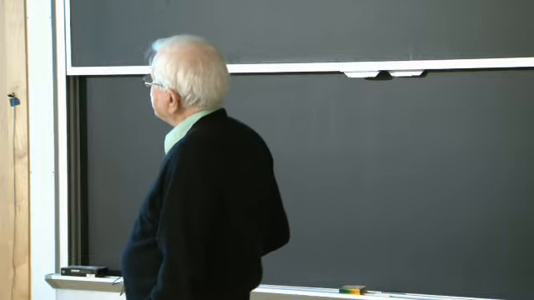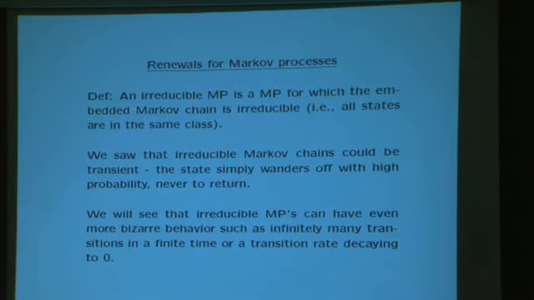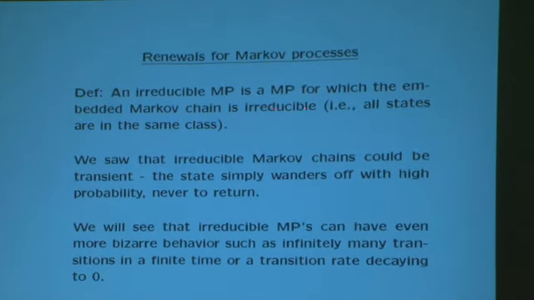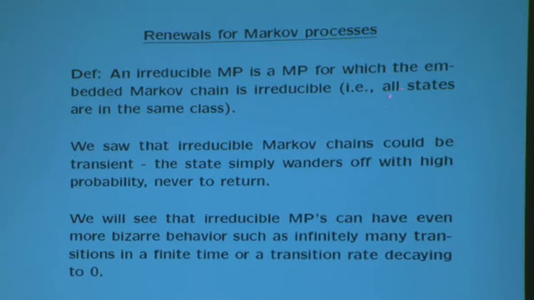Okay, an irreducible Markov process is a Markov process for which the embedded Markov chain is irreducible. Remember that an irreducible Markov chain is one where all states are in the same class. We saw that irreducible Markov chains, when we had a countably infinite number of states, could be transient; the state simply wanders off with high probability never to return.